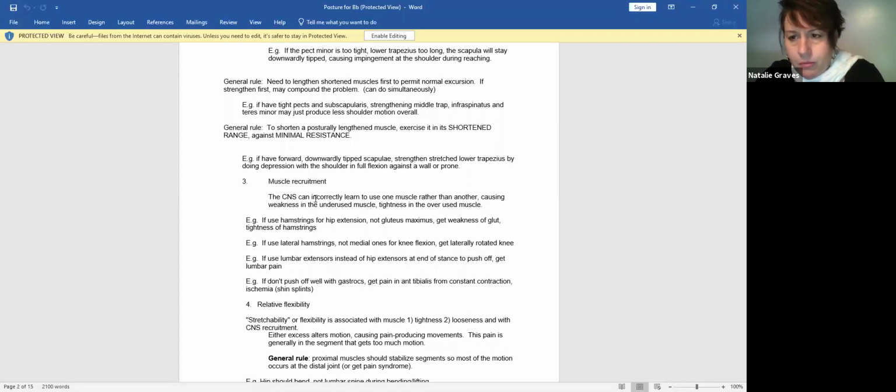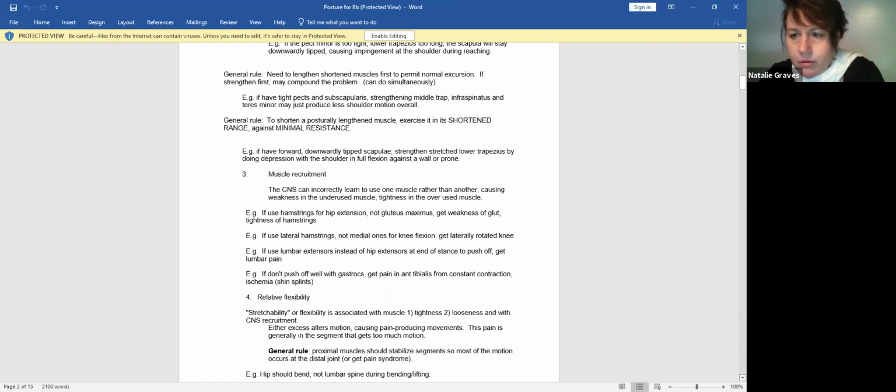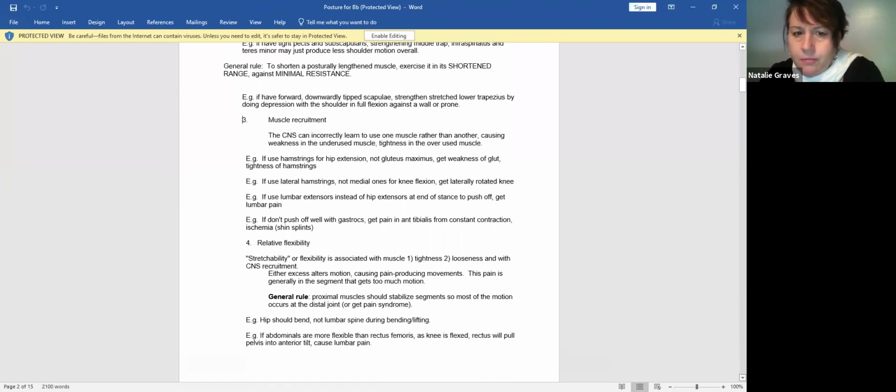And so muscles that are weak will tend to stay weak and underused, and those that are tight, our bodies tend to recruit those muscle fibers over and over again, and those muscles actually become stronger. Over time, the patient has learned to use only certain muscles that are strong. And so we're going to want to try to reverse that with our corrective exercises.